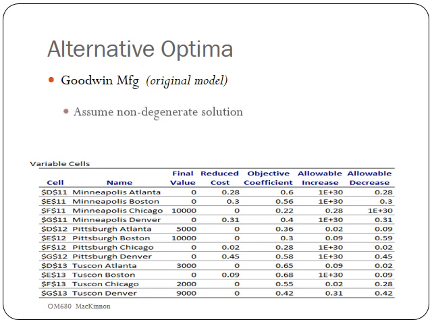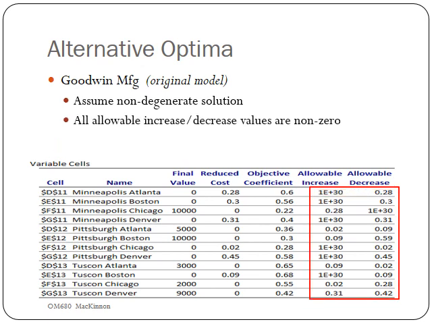First off, we have to assume a non-degenerate solution. That is where the shadow prices hold in both directions. Take a look here. All allowable increase and decrease values are non-zero. What this means is that our optimal solution is unique.